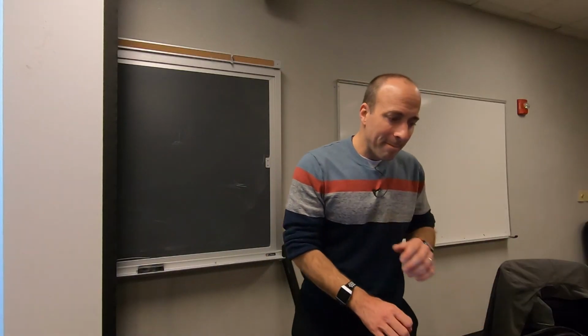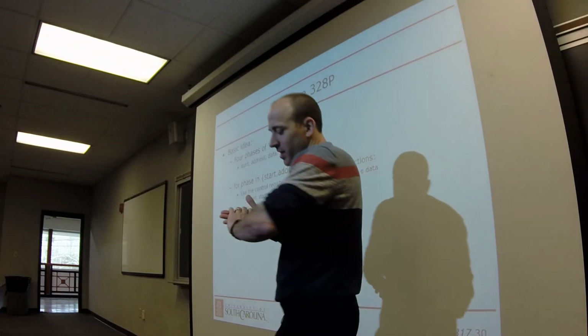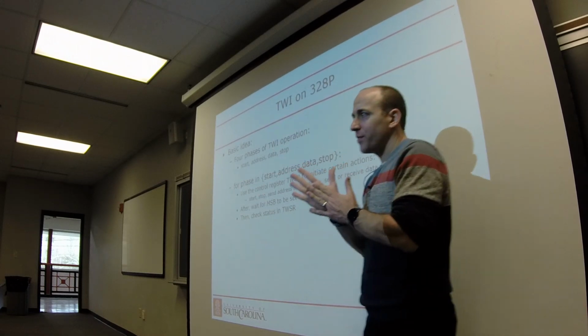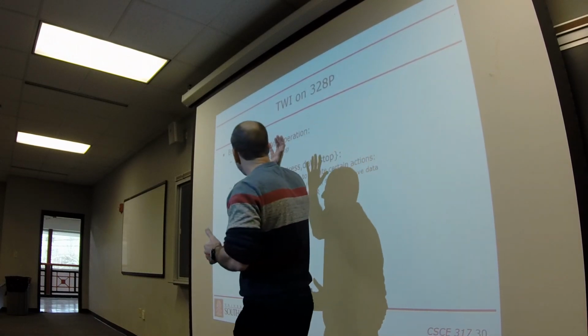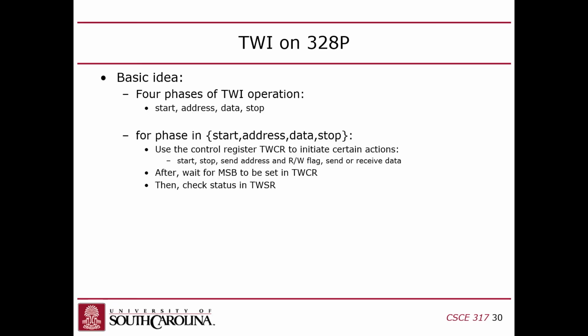Okay, now here's where things get kind of crazy. I only have a few minutes left, so I'll just kind of tease this. Doing TWI on the 328 is a lot more involved from the software perspective than SPI is, because I2C is slower than SPI in terms of data rate, but it's also a lot more robust.